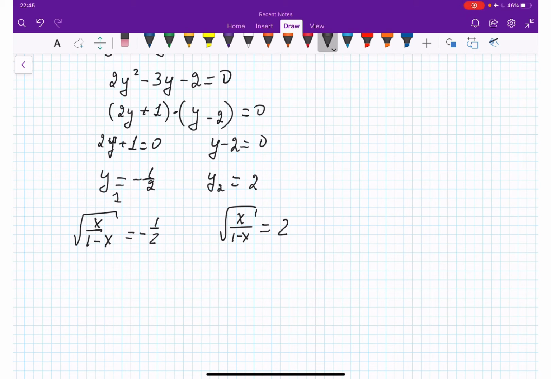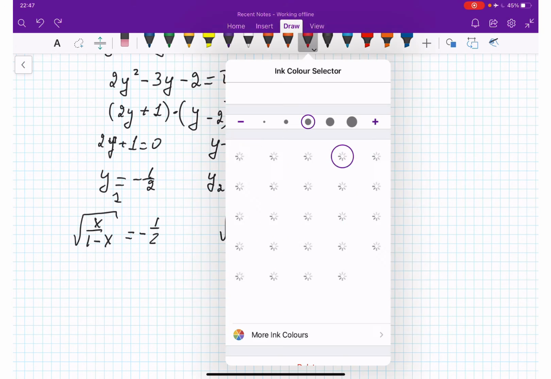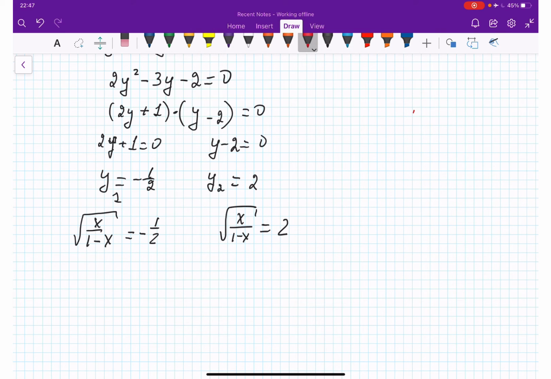In this case, we have degree 2. We don't put it, 2 is by default. Then we raise to power 2. So this equation is not valid because we cannot get a negative answer from square root, right? So the only thing we have left here is square root equal to 2.